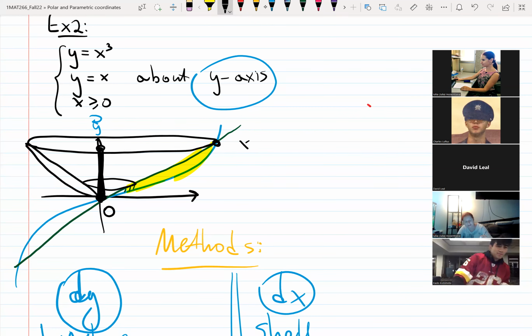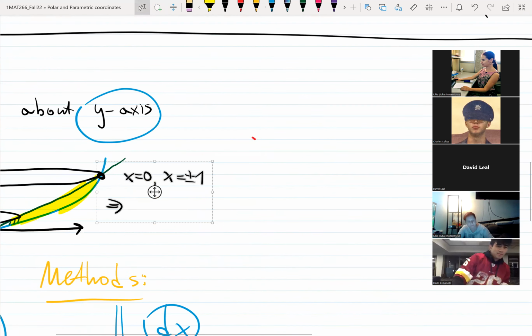Remember, we got them for x. X was 0. X is plus minus 1, but we don't need x. That's the thing. We need y's. But to find y's, you just plug it in. So because of that, let me write it down below the corresponding method.